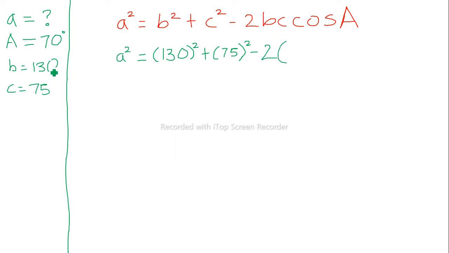So BC is going to be 130 times 75, multiplied by cosine of the given angle A, which is cosine of 70.